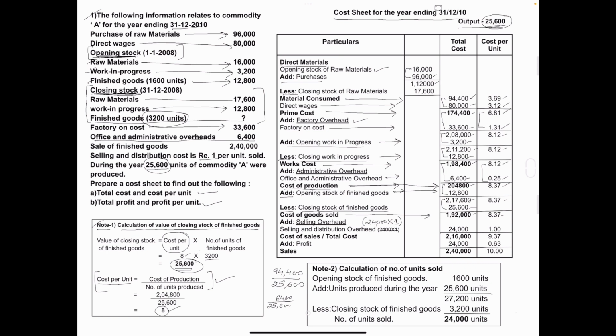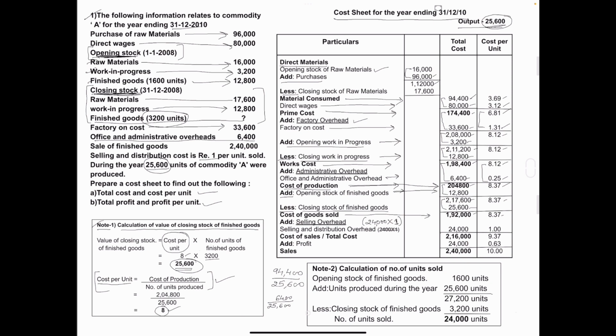Next head is add selling overhead, or you can write selling and distribution overhead. Any overhead or expenses related to sales of material, sales of final goods.